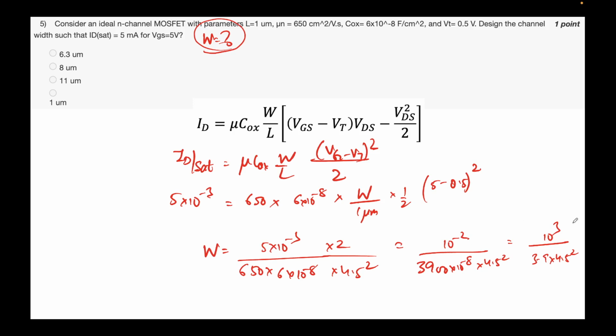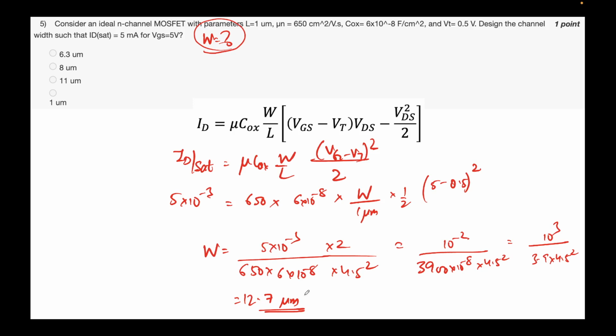Now let's find out 1000 divided by 3.9 divided by 4.5 divided by 4.5. This is coming out to be 12.7. Alright, there's no such option like that.